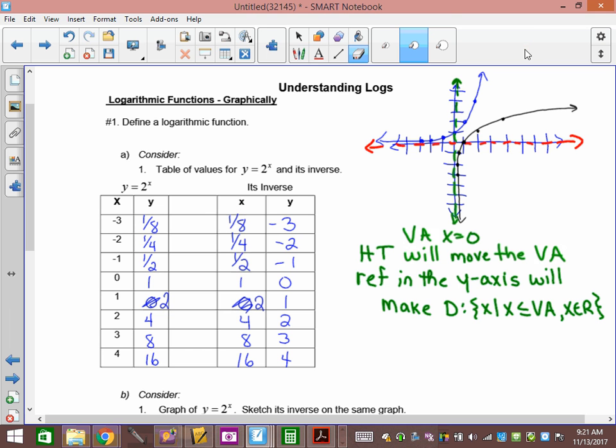Not equal to. Why did I put an equal to sign? So they're just inverses of each other, right?